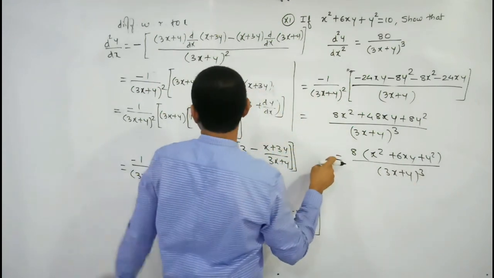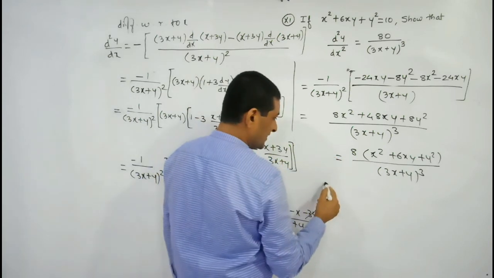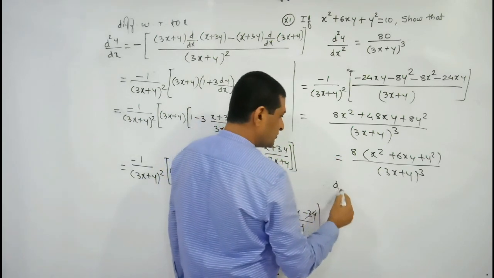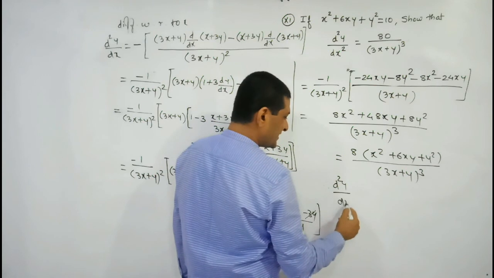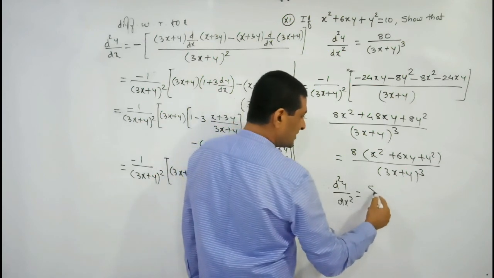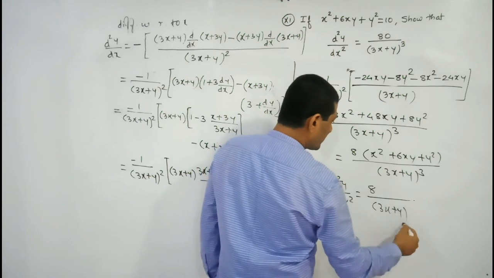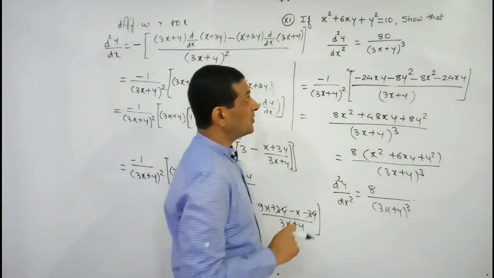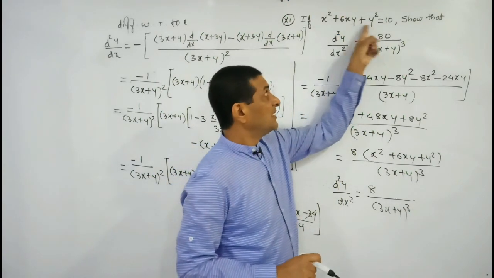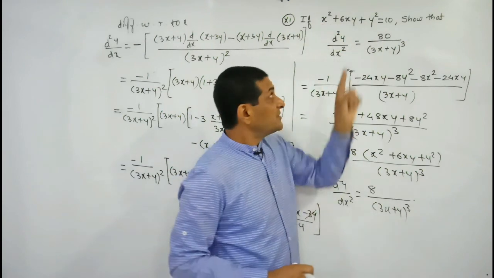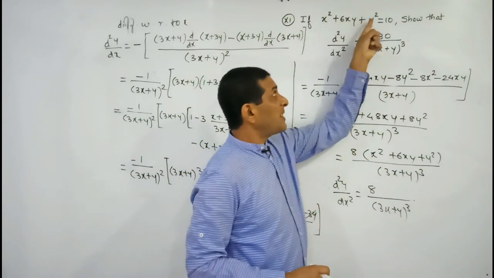This is nothing but value of what? d2y upon dx square. So therefore d2y upon dx square is equal to 8, keep it as it is, in the denominator 3x plus y whole bracket cube as it is. Now if you observe this given condition, what is the value of x square plus 6xy plus y square?